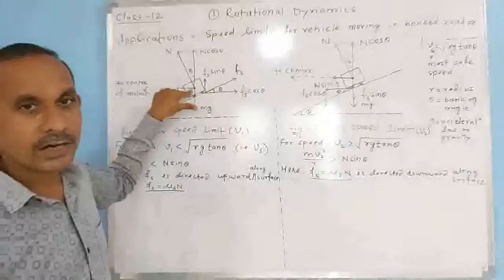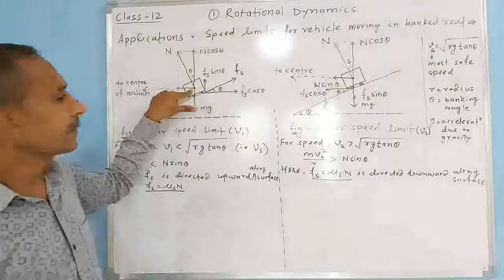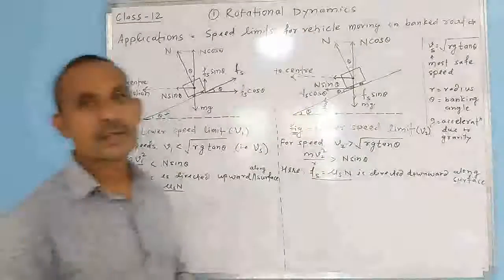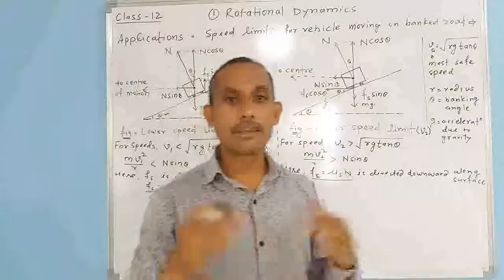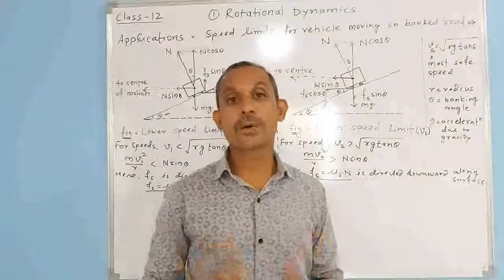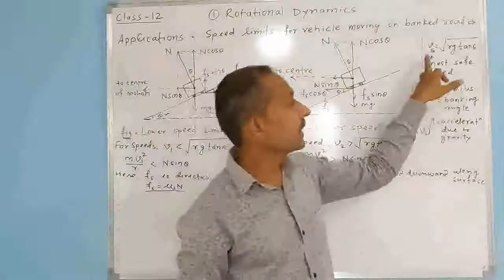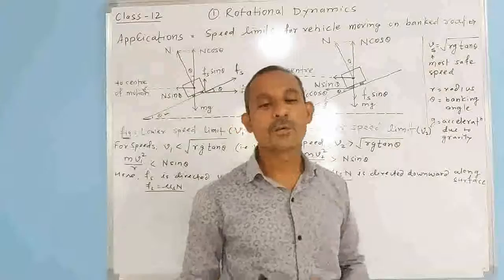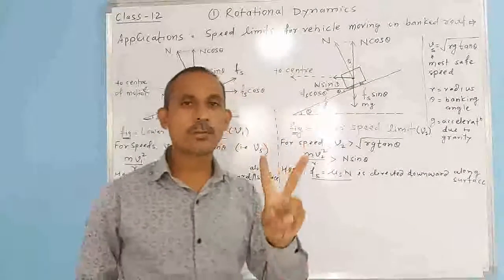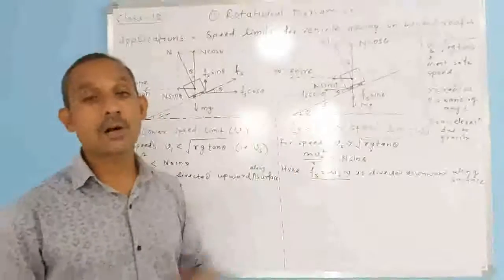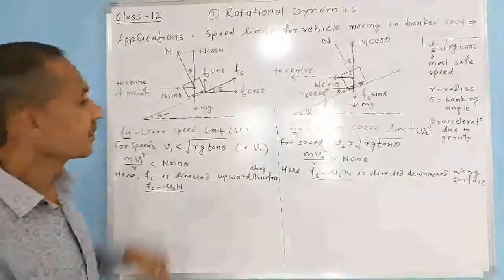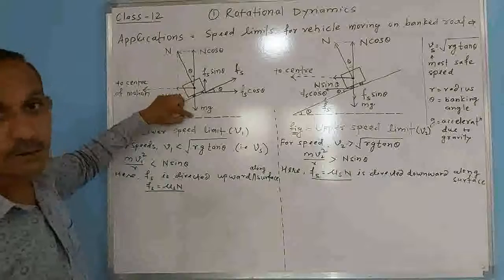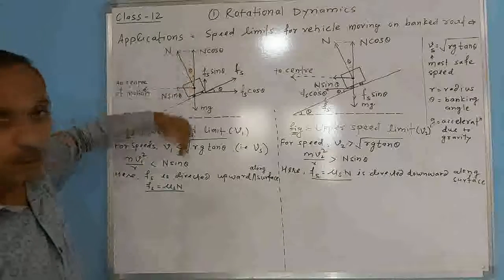So this is the figure in which the vehicle is moving, and this dot point is called the center of gravity of the vehicle. Now this vehicle is acted upon by a number of forces. Last time, while deriving the relation Vs is equal to under root Rg tan theta, we had considered two main forces acting on the vehicle. The first force was mg acting downward.